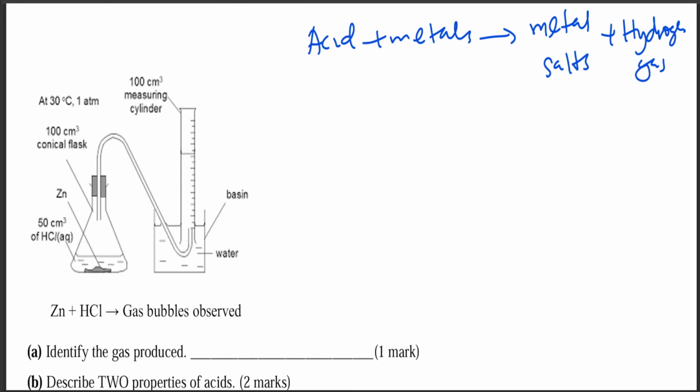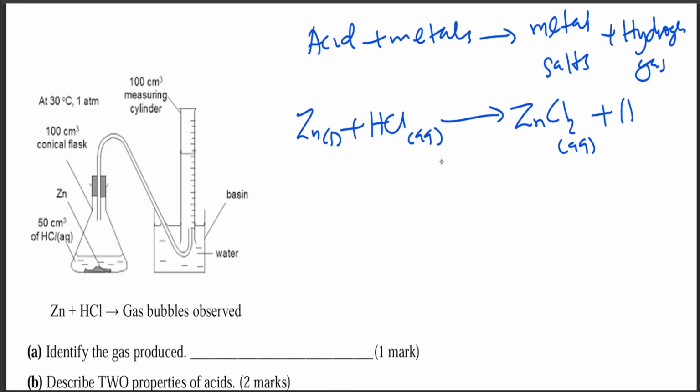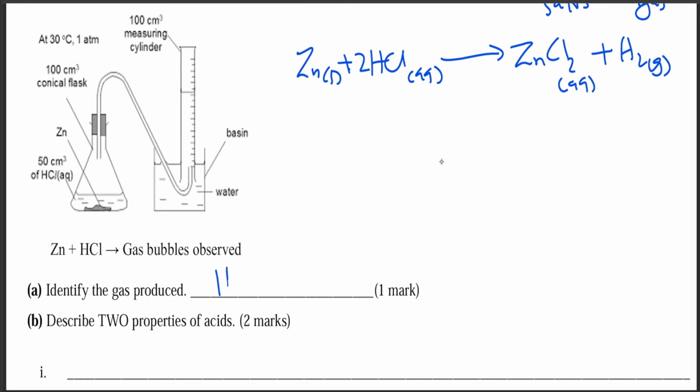So if you have zinc plus HCl, you get zinc chloride, which is a salt, which is aqueous, plus hydrogen gas. Balance them: two chlorine, two hydrogen, you just put it here. That's fine. Identify the gas produced, that is hydrogen gas.